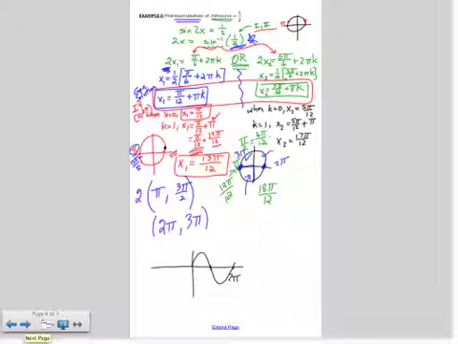But now, since we have a 2, our period is halved, so now we're going like this. So you're seeing 2 cycles in the standard 2 pi interval. Now, what isn't changing is the max or minimum. So this is still here. So let's say that we're still going to 1 and we're still going to -1. So my red needs to be a little steeper. Yeah, but you get the point.